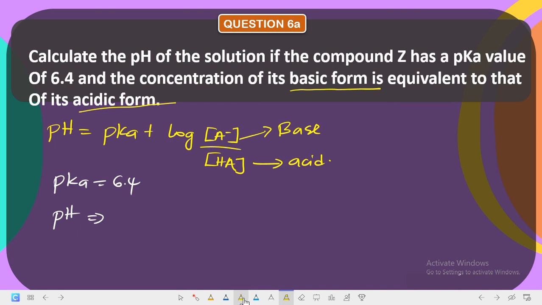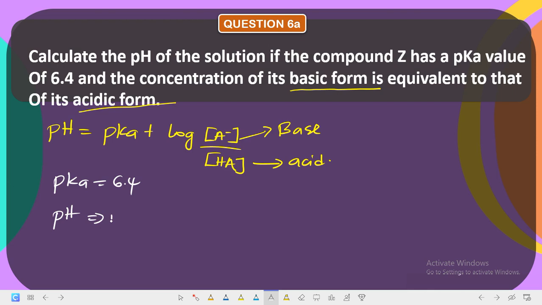Is that understood? So what we are expected to get in this question is that pKa is 6.4, which means our pH will also be 6.4. But let us solve to ascertain our answer.